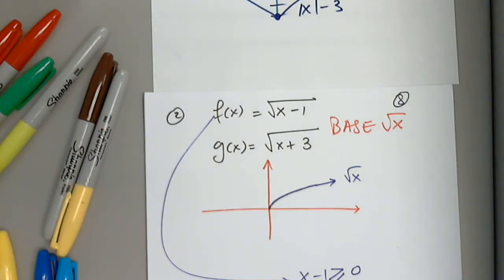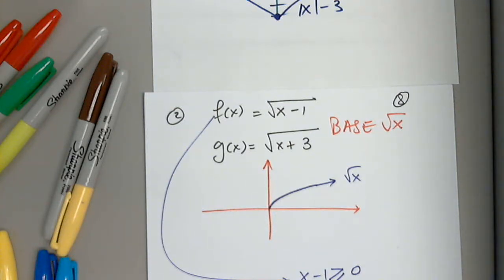Now I'm going to ask you this question. When we change x into x minus a number, where do I shift the graph? To the? We just determined the domain. You cannot guess, right? So where does it go? To the right one.